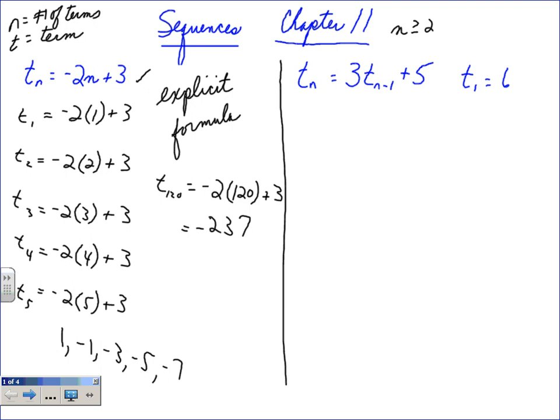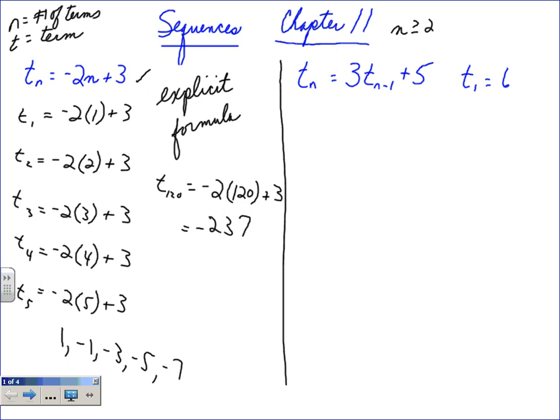Because I already know what the first term is. It's 6. I've given you that. But that's a little bit different. Because this says 3 times t sub n minus 1. What does that mean, do you think? Yeah, the previous term, yes.